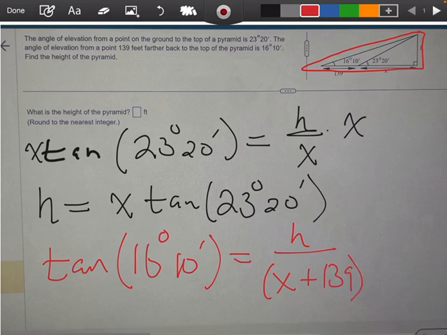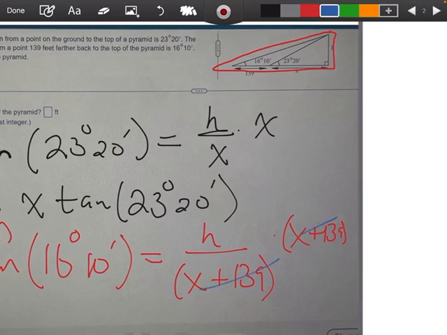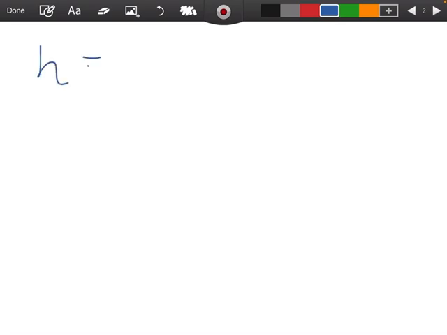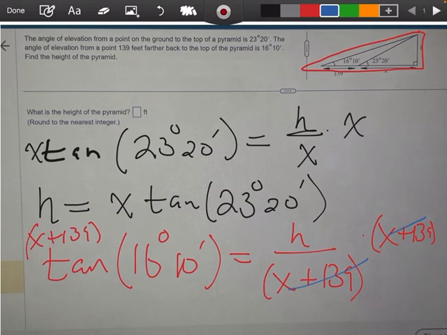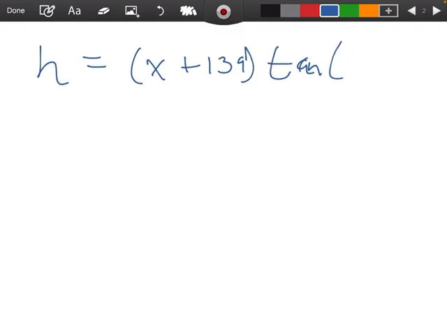And y'all, I'm going to multiply both sides by x plus 139. I'm kind of running out of room, but forgive me for a minute, because we know those are going to cancel. So we're going to end up with h equals x plus 139 times the tangent of 16 degrees, 10 minutes.